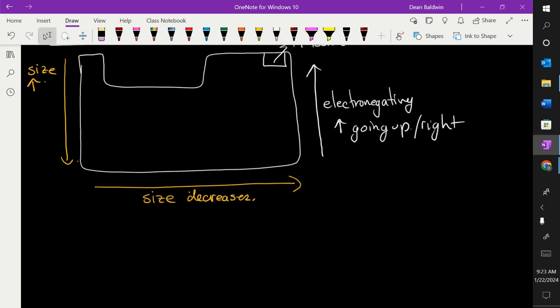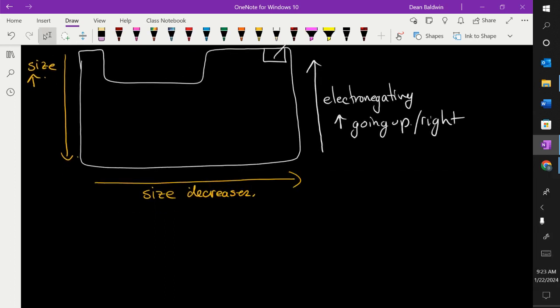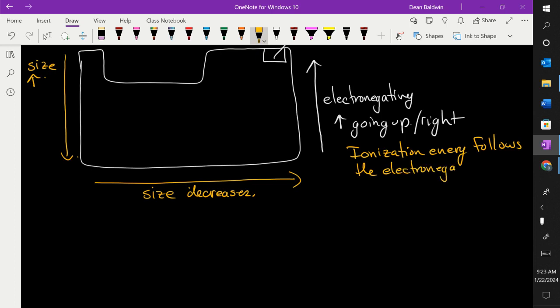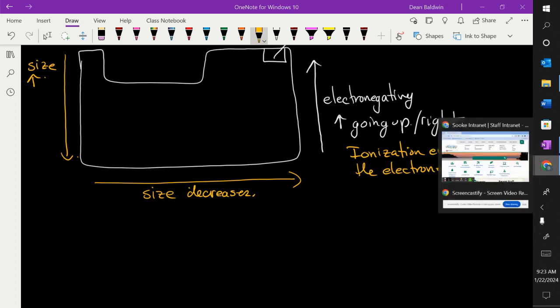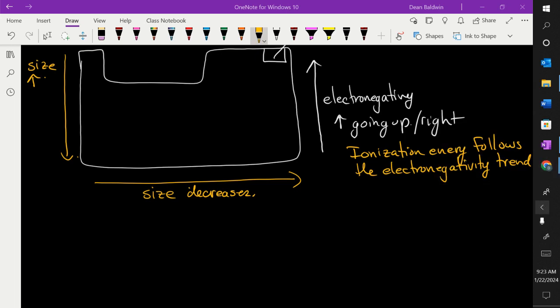All right, so ionization energy is basically the same as electronegativity, it follows the same trend. Basically, the highest ionization energy would be fluorine.